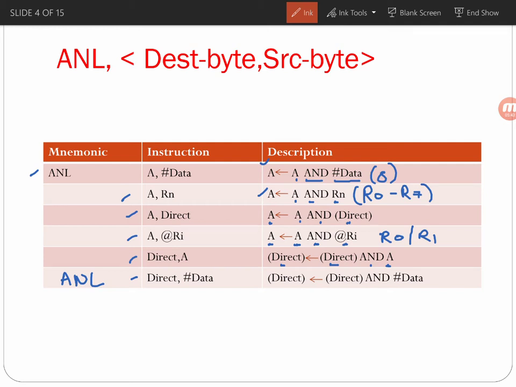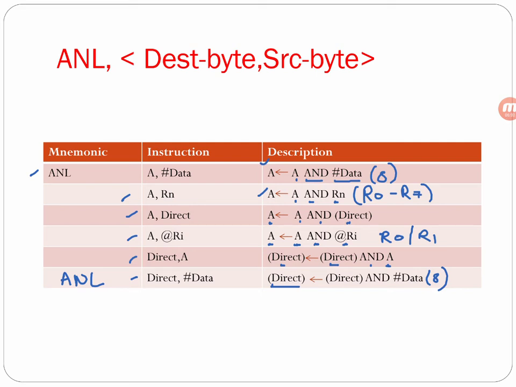The content of the internal RAM location given by direct is ANDed with the immediate 8-bit data, and the result is stored in the internal RAM location whose address is direct. So these are the various forms of the ANL instruction.